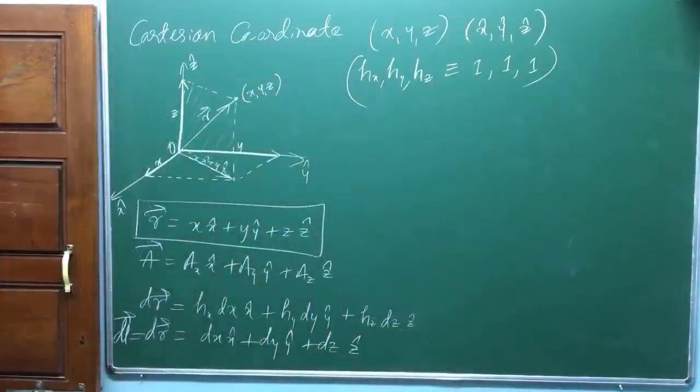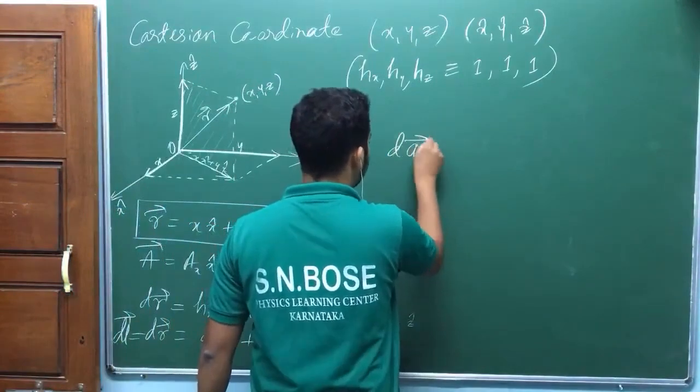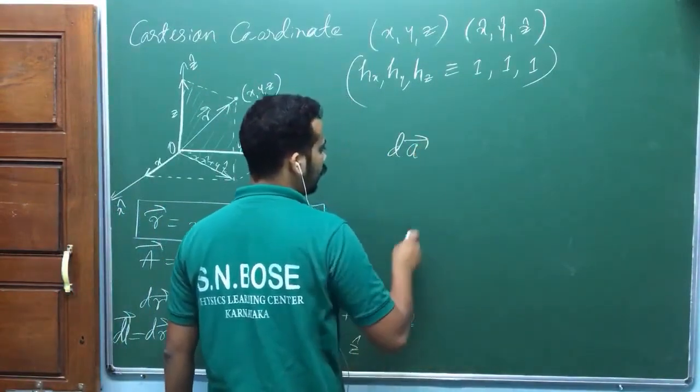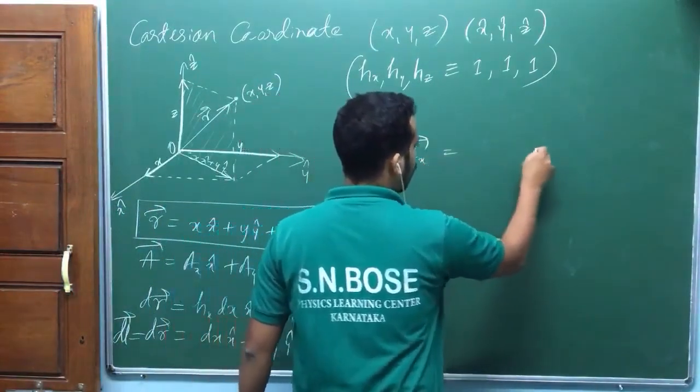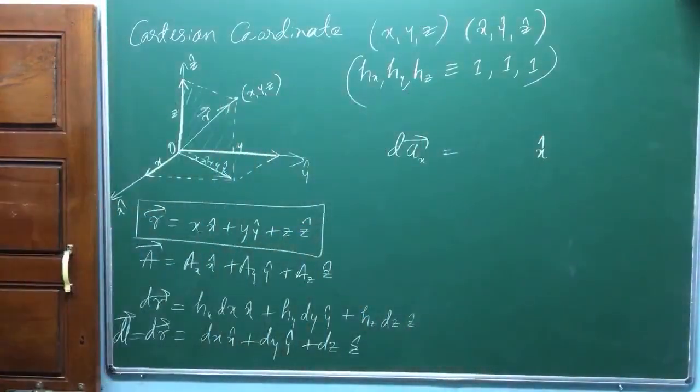So this is a dl vector or dr vector, okay? Then look at here. Suppose you want to write an area element along the x cap direction.